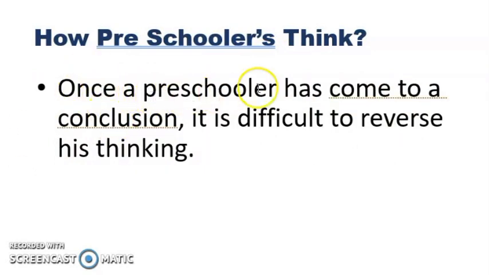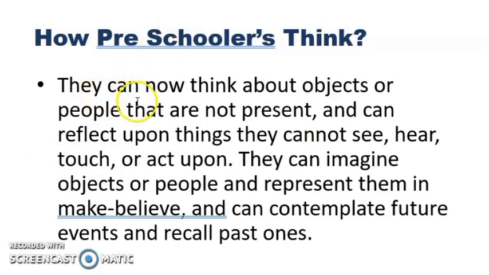Next, once a preschooler has come to a conclusion, it is difficult to reverse their thinking. So this is irreversibility. Next, they can now think about objects or people that are not present and can reflect upon things they cannot see, hear, touch, or act upon. So yung kaninang object permanence ay mas tumindi compared sa ating sensorimotor stage. So they can imagine objects or people and represent them in make-believe and can contemplate future events and recall past ones. Okay?